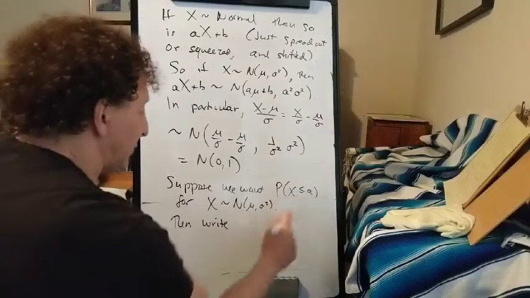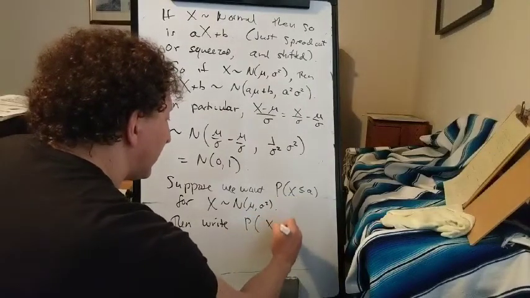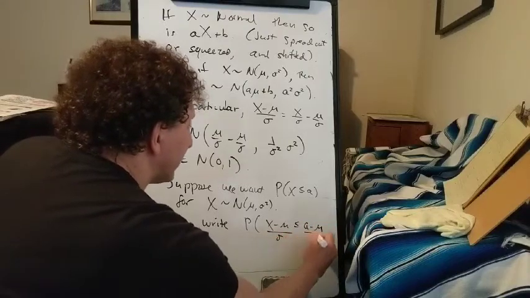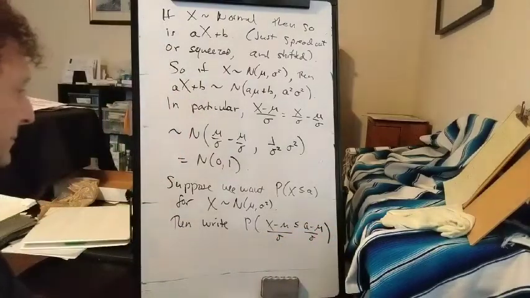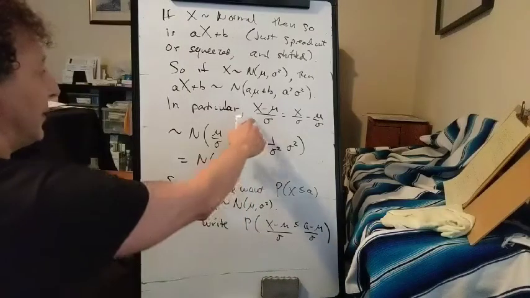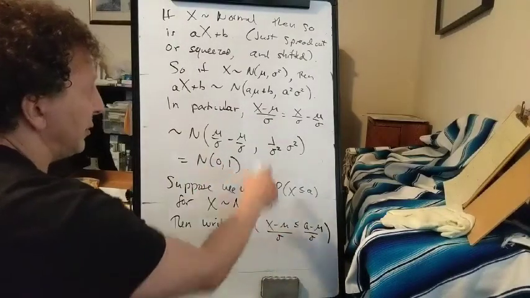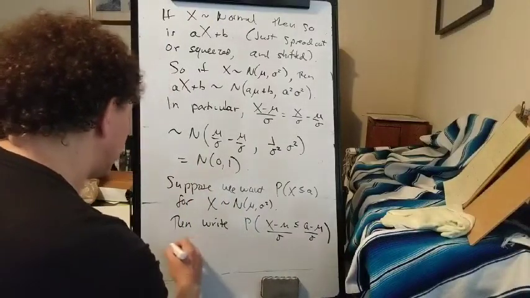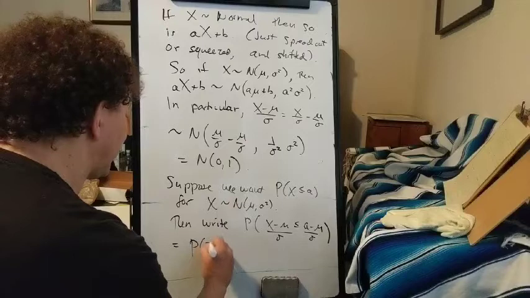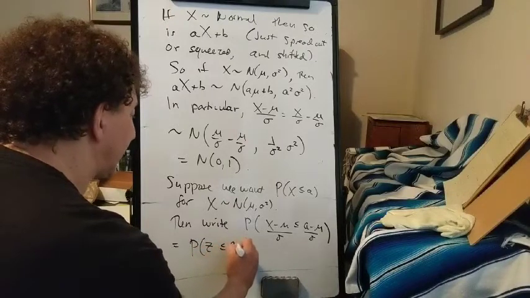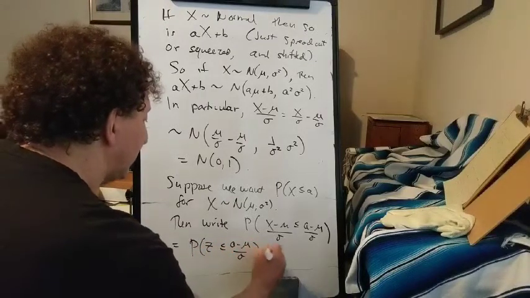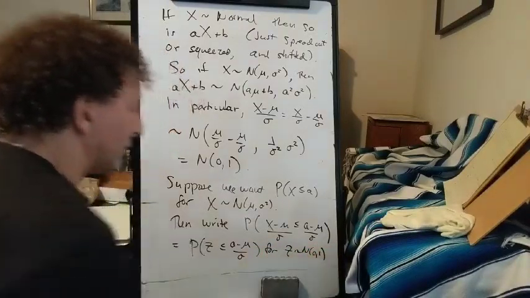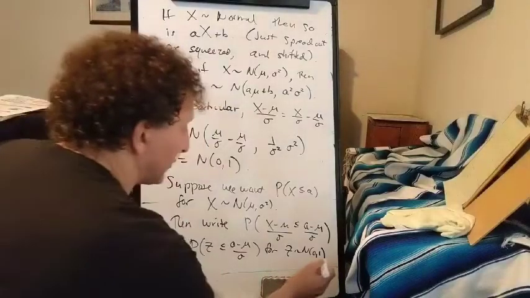We'll subtract mu from both sides and divide both by sigma. Then this expression, X minus mu over sigma, is a standard normal variable. So we could say this is the probability that Z is less than or equal to a minus mu over sigma, for Z a standard normal variable with mean 0 and variance 1.